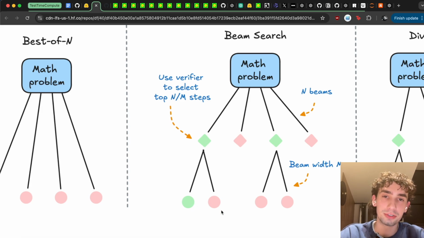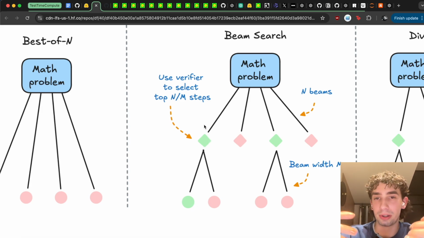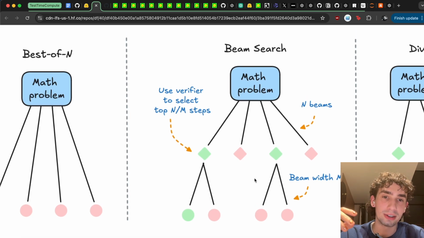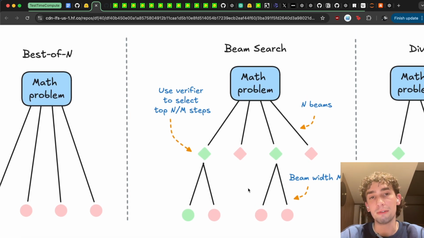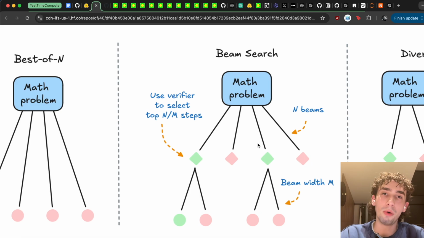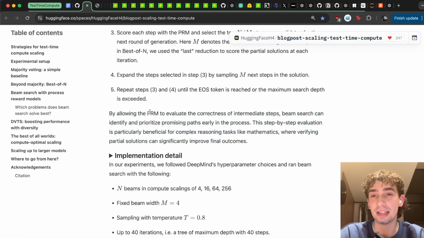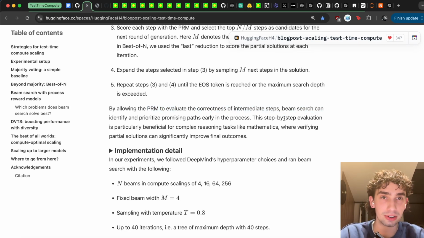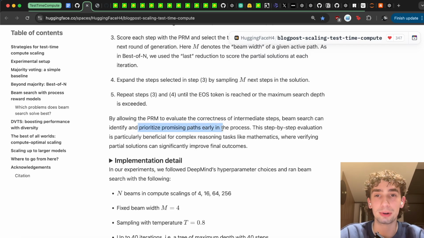And this will go on and so forth, where we'll generate a next full answer, check out the next step with the reward model, and disregard those that get a low score, all the way until we either hit a base level where we can't go any further, or an end of sequence token. The theory behind this is that by allowing the process reward model to evaluate the correctness of our intermediary steps, we can use this beam search approach to identify and prioritize promising paths early in the process.